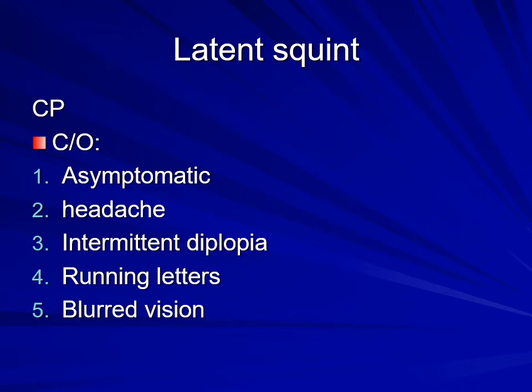Then the lateral recti tend to relieve their extra contraction, leading to intermittent double vision and running of letters with the movement of the eyes between the strained and unstrained position. And finally there is blurring of vision. The blurring of vision happens with the stop of the whole near reflex including the accommodation.